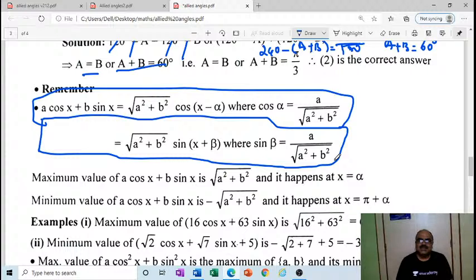So a cos x plus b sin x is equal to root of a square plus b square into cos of x minus alpha, where cos alpha is a by root of a square plus b square. The same thing, a cos x plus b sin x is equal to root of a square plus b square into sin of x plus beta, where sin beta equals a by root of a square plus b square.